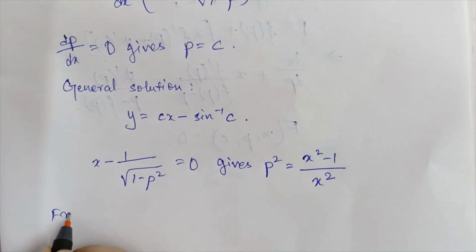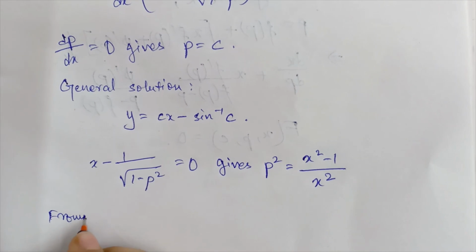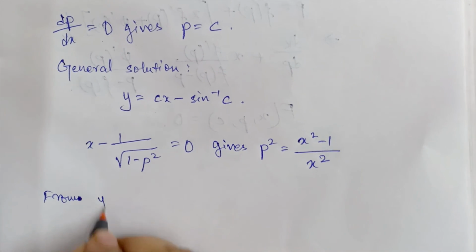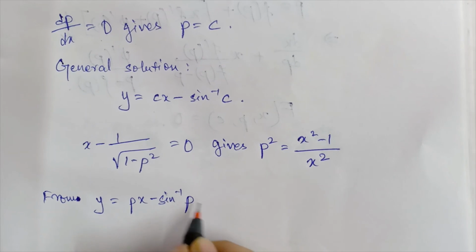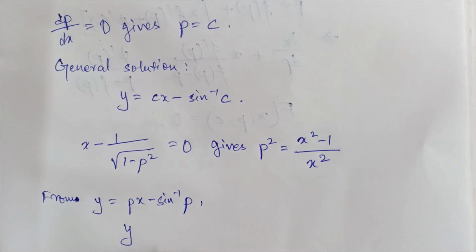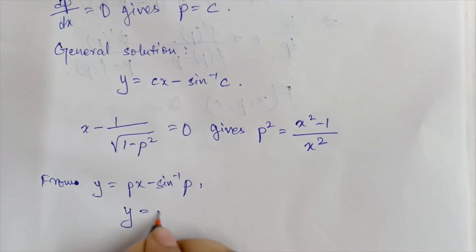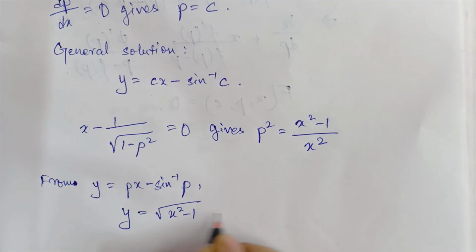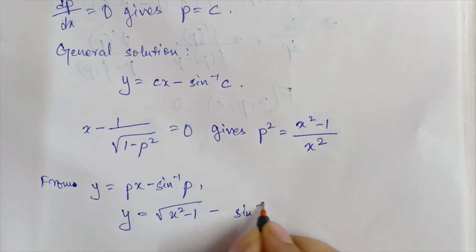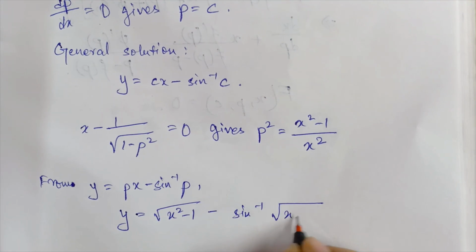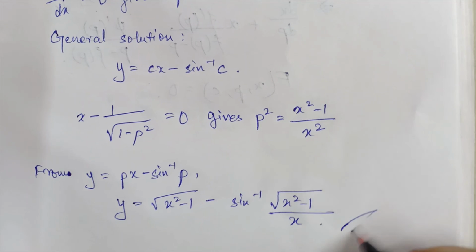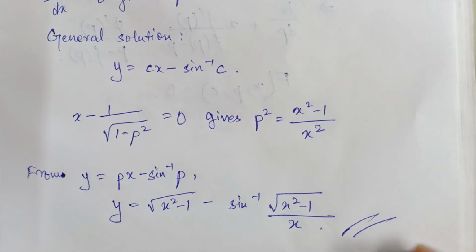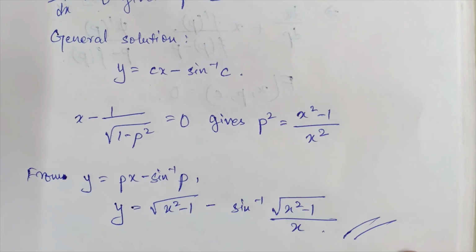So from y equals px minus sin inverse p, we have y equals root over x square minus 1 minus sin inverse root over x square minus 1 by x. Now this is the singular solution. So in this way the equations are solved.